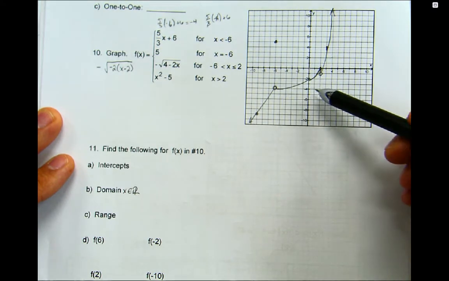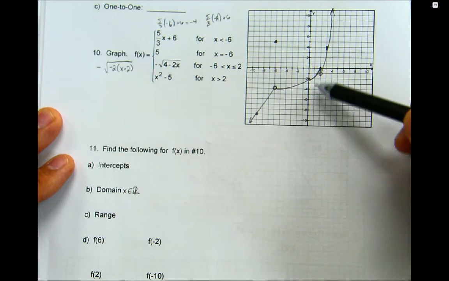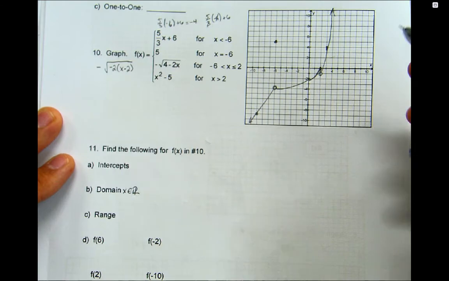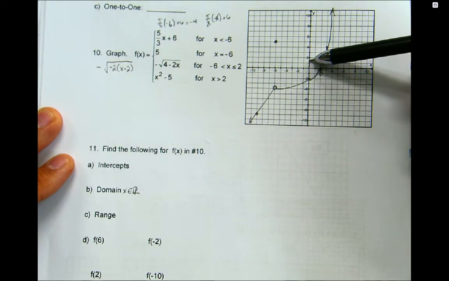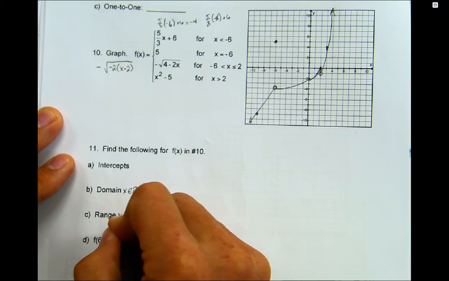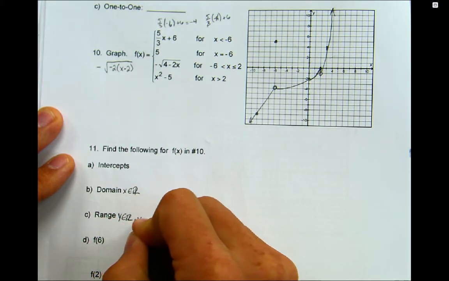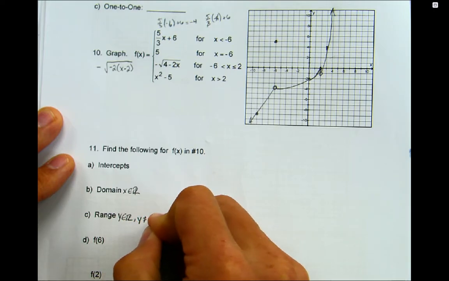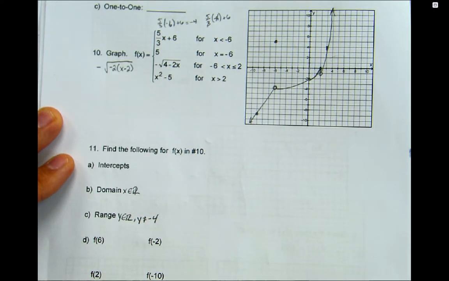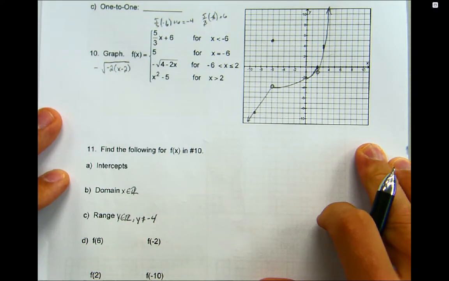So for a height of -4, there's no graph. And I think every place else there is some graph. So my range here is y is the set of all real numbers, except y cannot equal -4. Right, so that's good.